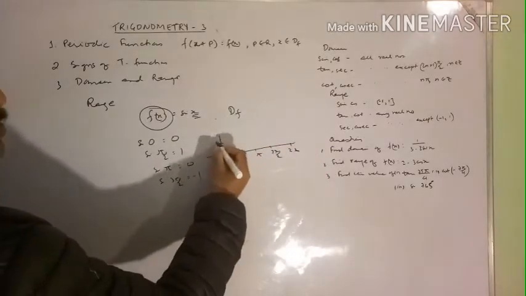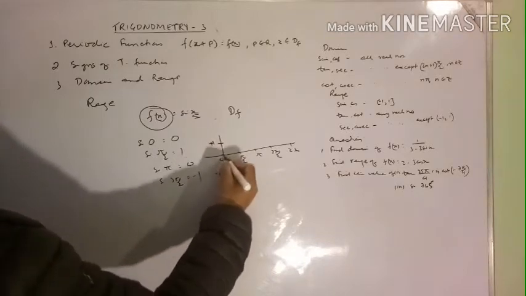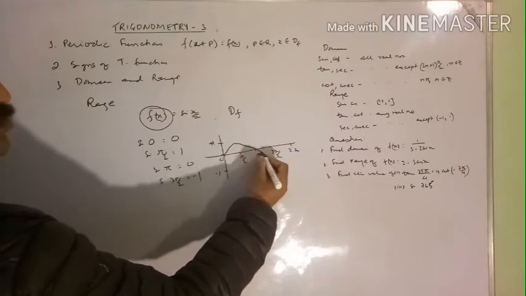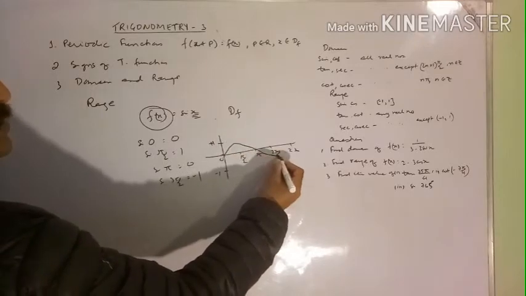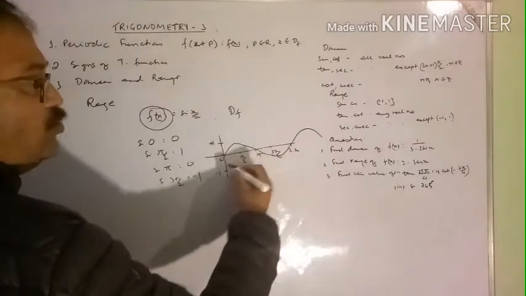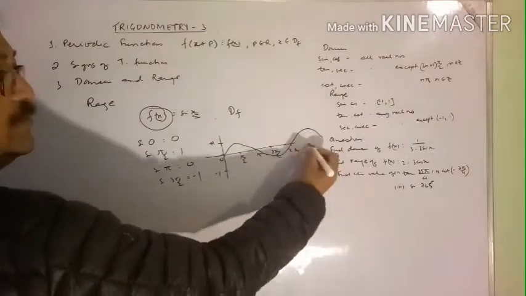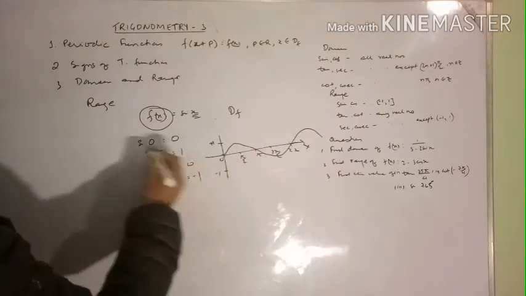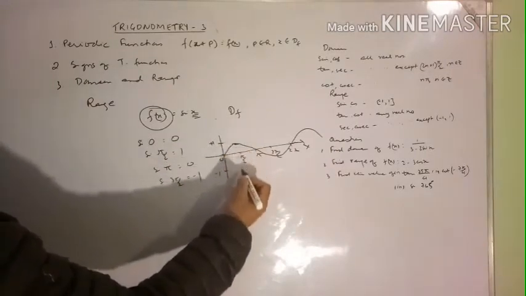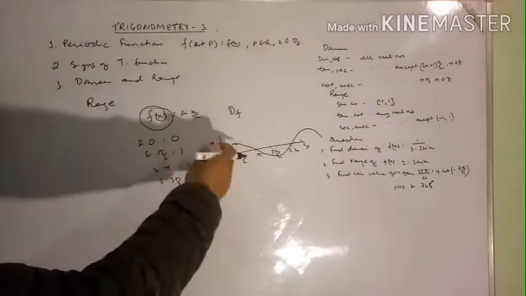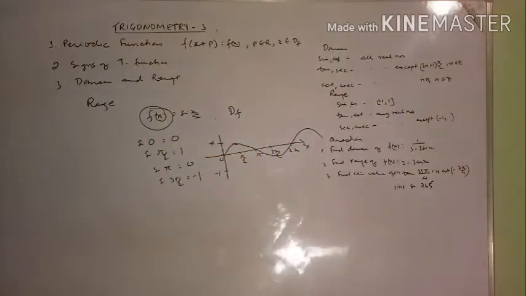Sine 0 is 0, this is plus 1, this is minus 1. So for any value of x, the value of sine x lies between 1 and minus 1 only. You can't get a value less than minus 1 or more than 1.